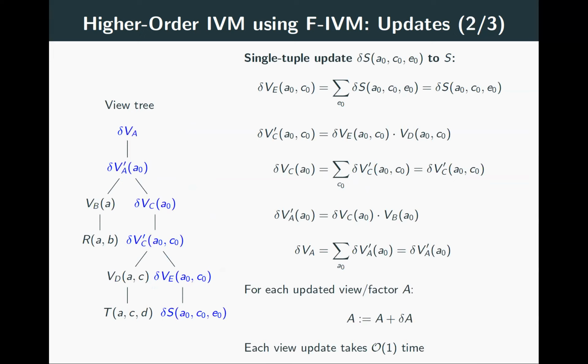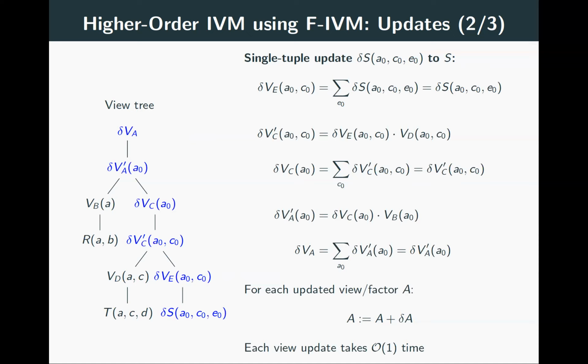When you update S, I basically apply the delta here, and then I compute the delta here using this expression, which is delta V: I take its payload and throw away E0. Then to compute the delta here, I do a lookup from this delta here, and I compute the delta here.